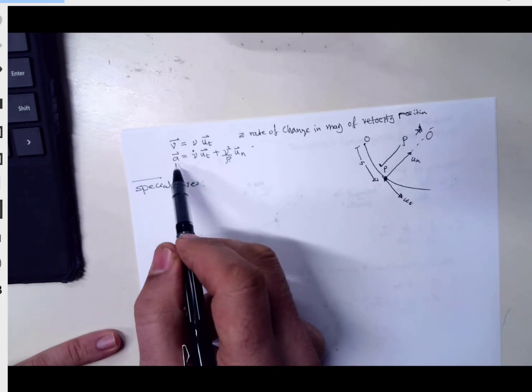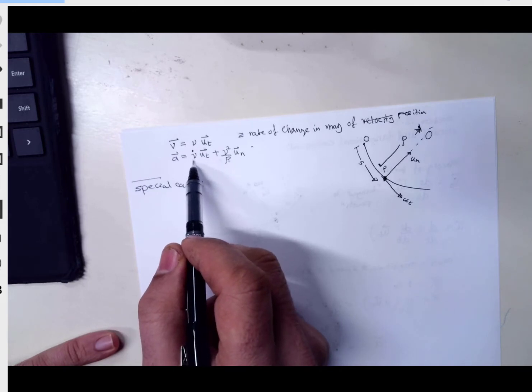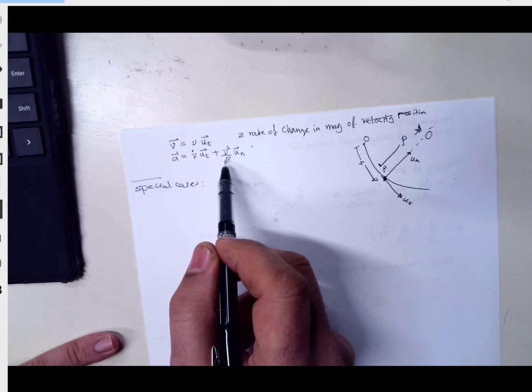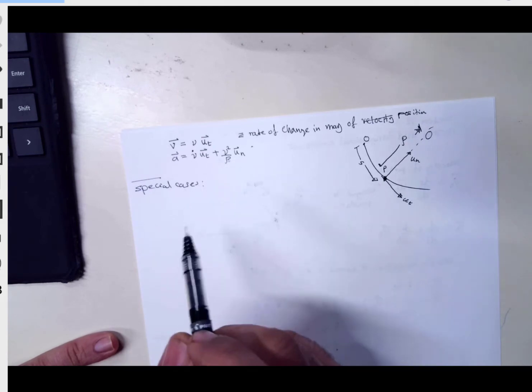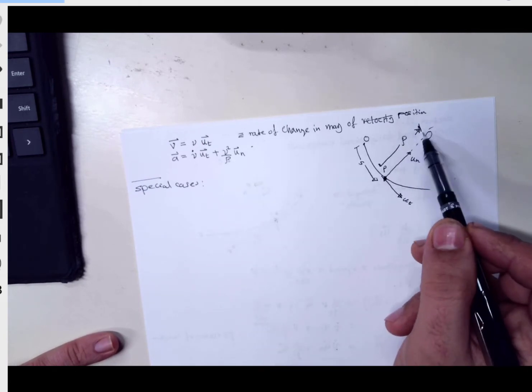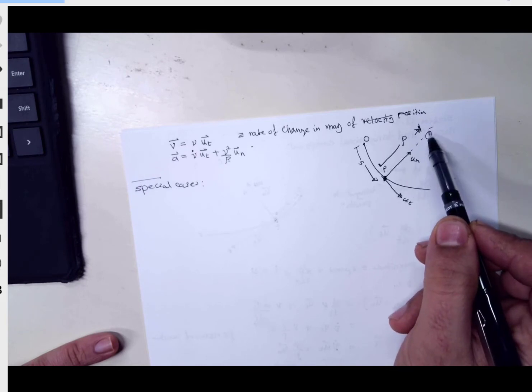The acceleration is equal to the rate of change of the magnitude of the velocity in the tangential component, plus the rate of change of the velocity direction directed toward the normal, where rho is the radius of curvature measured from the particle to the center of that curvature.